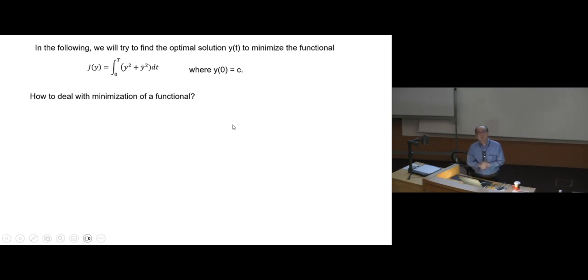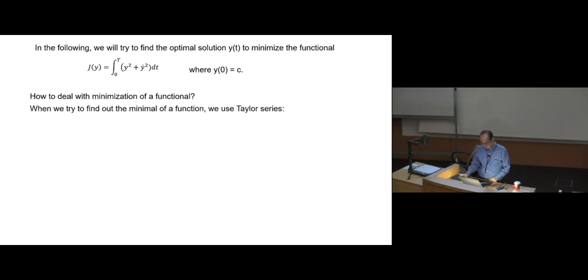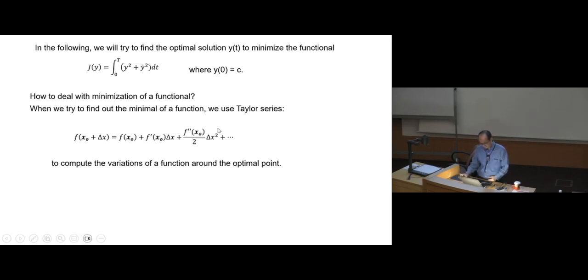How do we deal with minimization of a functional? Then we recall what we did when we tried to find the minimization of a function. We use the Taylor series, because we want to compute the variations of a function around the optimal point.